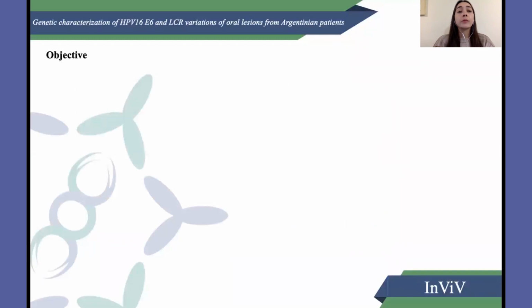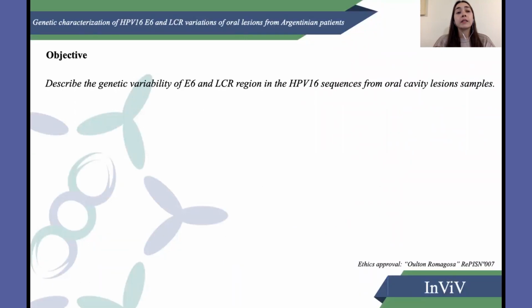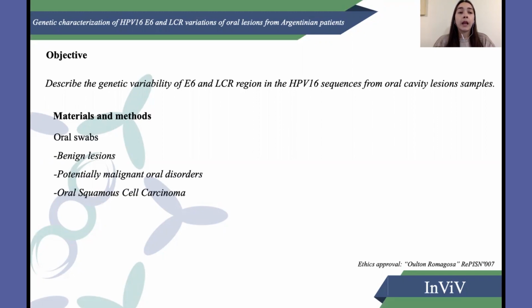So our objective was to describe the genetic variability of E6 and LCR region in the HPV16 sequences from oral cavity lesion samples. We use oral swabs from benign lesion, potentially malignant oral disorders, and oral squamous cell carcinoma. These samples were taken by dentists, and the lesions were identified previously by pathology analysis.